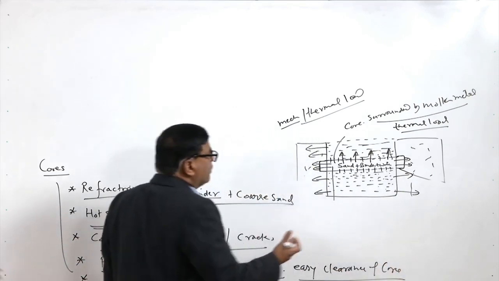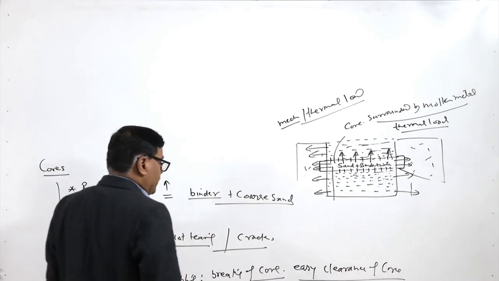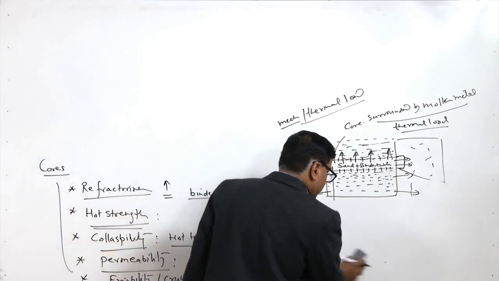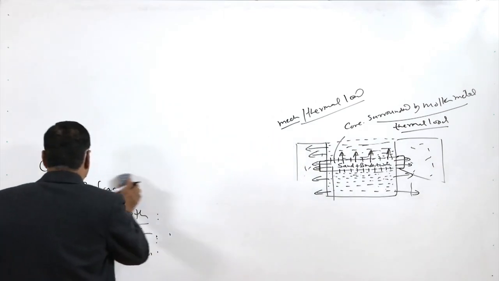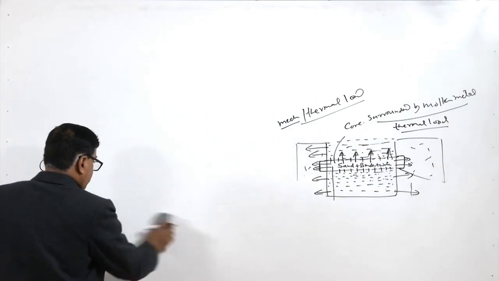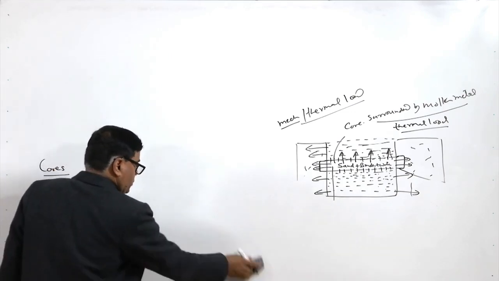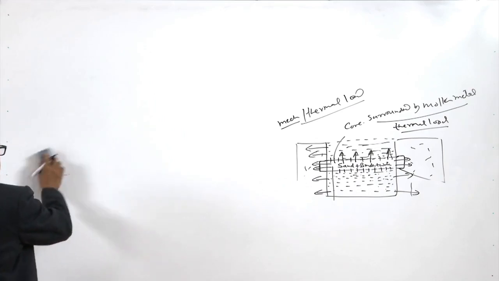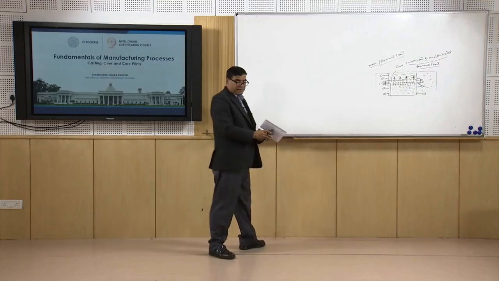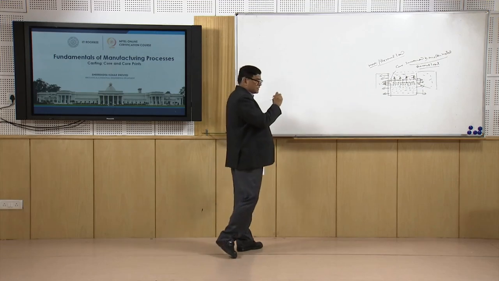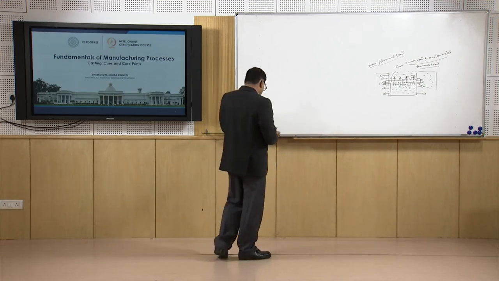So, removal of the core becomes easier when the friability and crumbling properties of the core sand are good. So, these are the characteristics which are desired in the core sand which is used for making the core, not just for the sand molding, but also for the permanent molds.